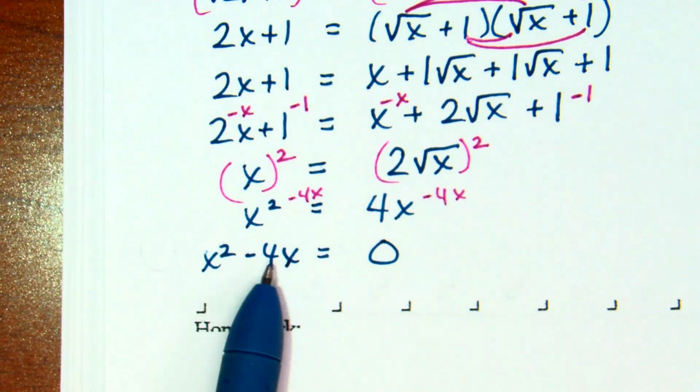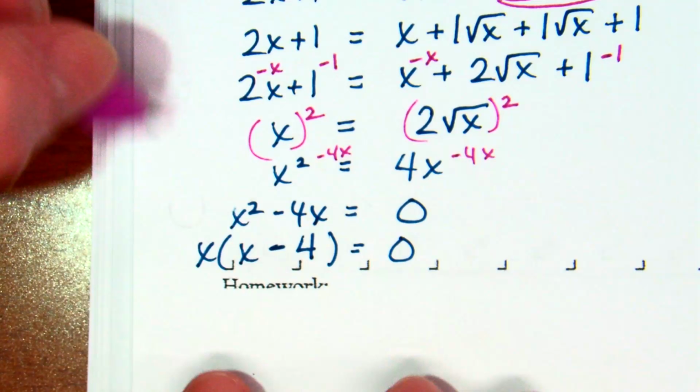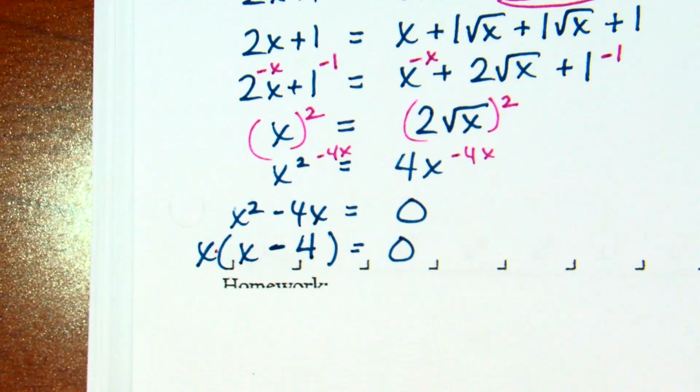So what are my possible solutions? 0 and what? 4. Because x equals 0 is already there. And if it's x minus 4, you're going to add 4. And so we have possible solutions of 0 and 4.